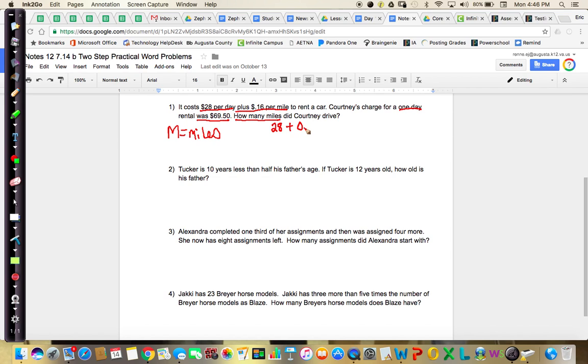Now we don't know how many miles, so we're going to use an m. Remember, we said that per mile means multiply, so we're going to multiply by the miles. And that, of course, is going to equal 69.50 because was is the past tense of is, so it means equals 69.50.